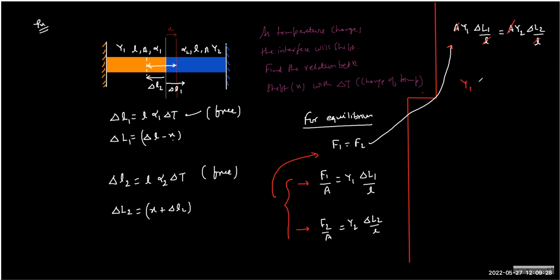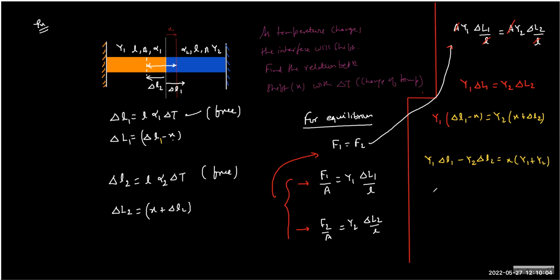So the equation is Y1 into deformation first is, so Y1 into delta L1 is delta L1 minus x. This is x plus delta. So Y1 delta L1 minus Y2 delta L2 is x into Y1 plus Y2.